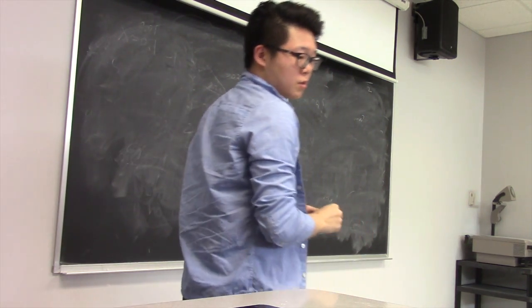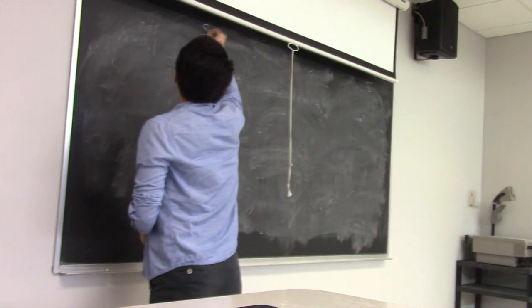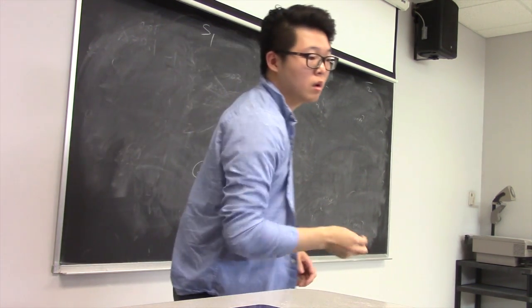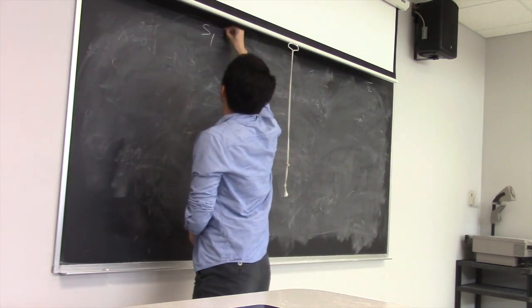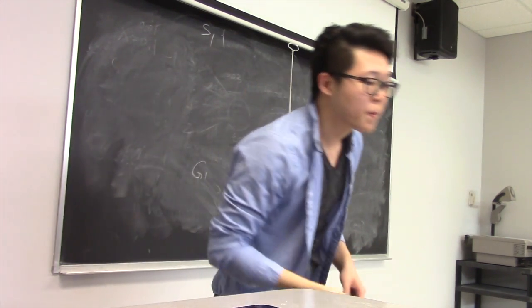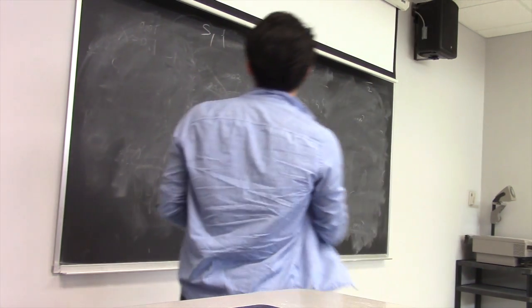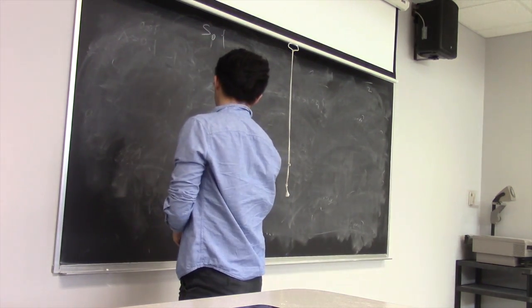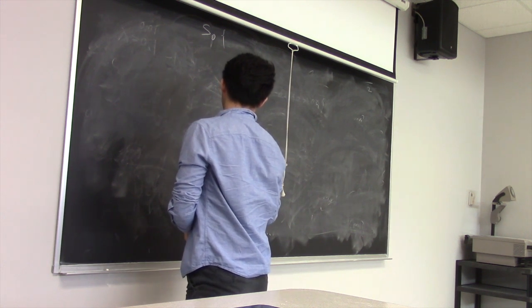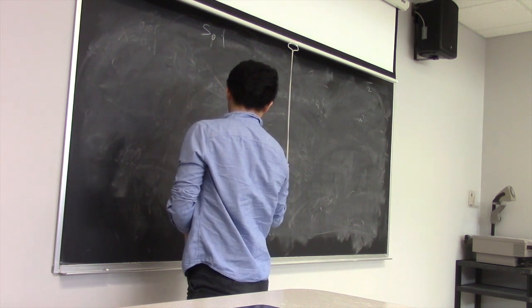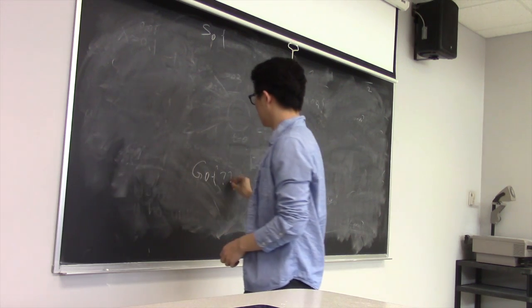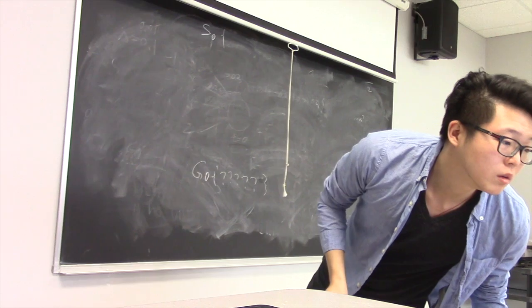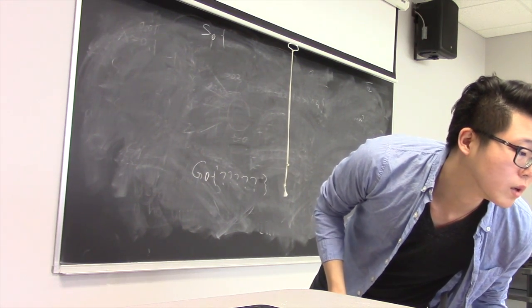So at the very beginning, we have S1 and G1. S0, sorry. Because there's no input coming in, there are one, two, three, four, five, six.